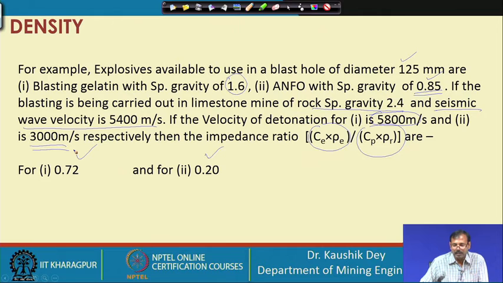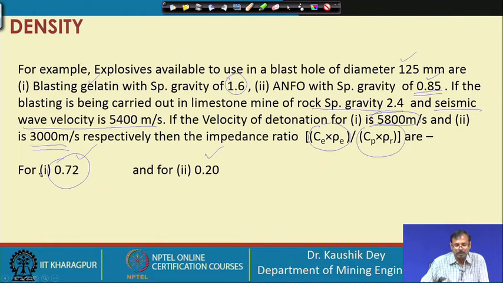So, the energy transferred from the ANFO to the rock mass will be around 20%, much lesser than the energy generated on detonation, but on the other hand, in the case of blasting gelatin it becomes 72%.